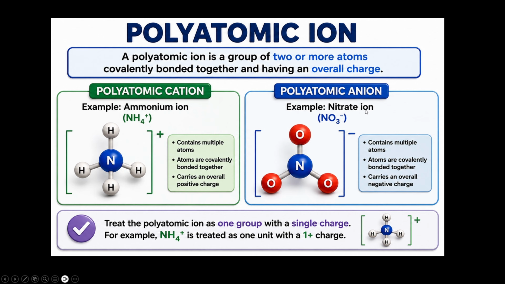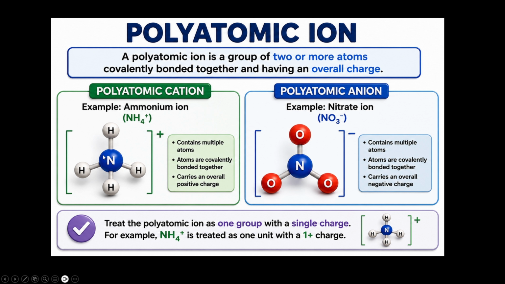The key idea is to treat the polyatomic ion as one group with a single charge. So for example, the nitrate, you would see it as one group with a 1- charge. The ammonium, you would see it as one group with a 1+ charge.